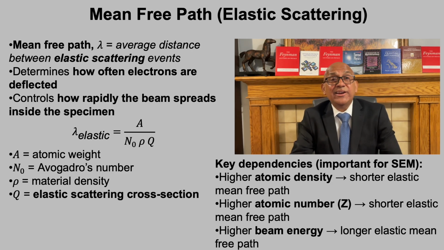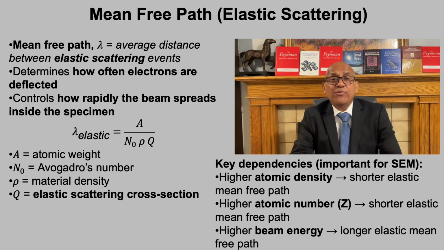The distance an electron travels between successive elastic scattering events is known as the elastic mean free path. Physically, the elastic mean free path tells us how frequently electrons are deflected as they move through a material. When elastic scattering occurs often, the mean free path is short and the beam spreads rapidly. The expression shown here relates the elastic mean free path to material properties and the elastic scattering cross-section.